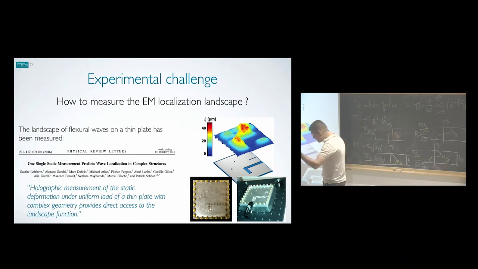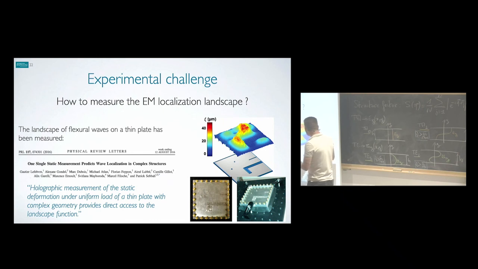The original idea we had a couple of years ago is to measure directly the electromagnetic landscape. A measure of the landscape has been done for classical wave and scalar wave in the elastodynamic situation, an experiment done by Patrick Sebbah, where they measure a static deformation of a thin plate.